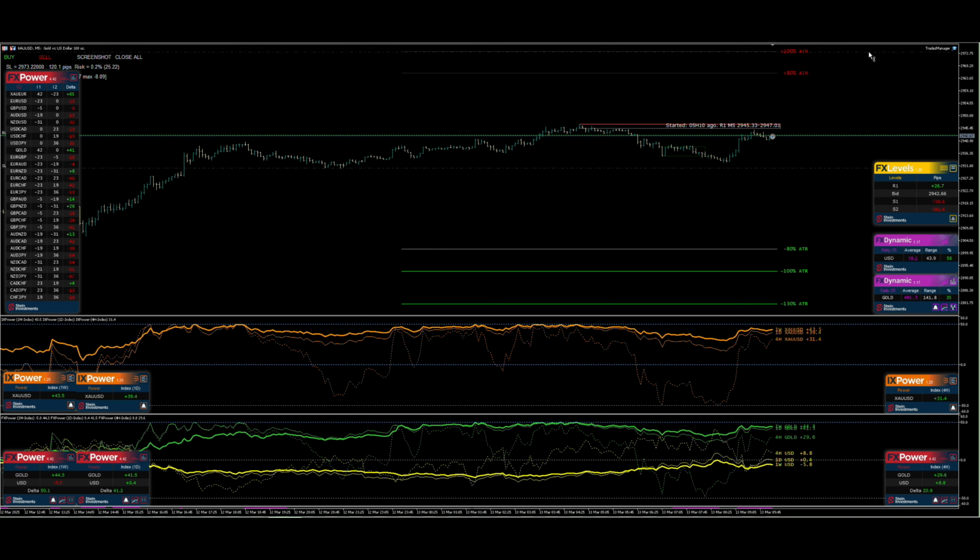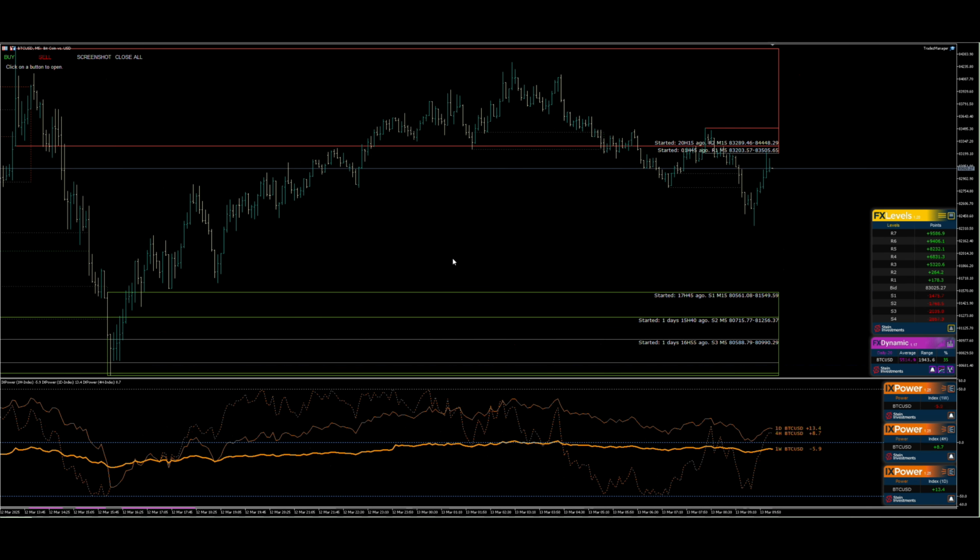Let's move on with the non-forex symbols, starting with the Bitcoin as usual. Currently built a new resistance level here where it struggled to break through, but the long-term trend is also neutral. We are hovering around the $83,000 mark.